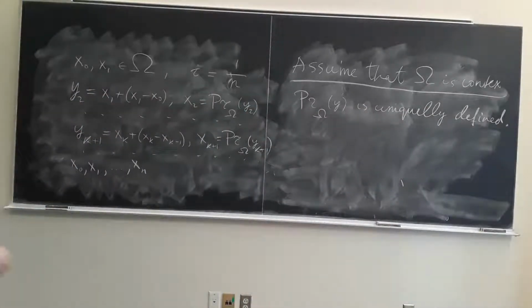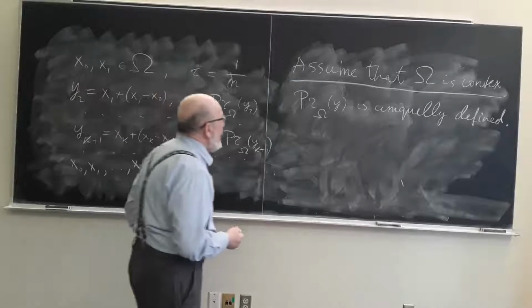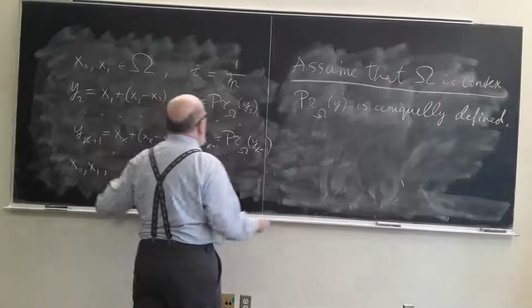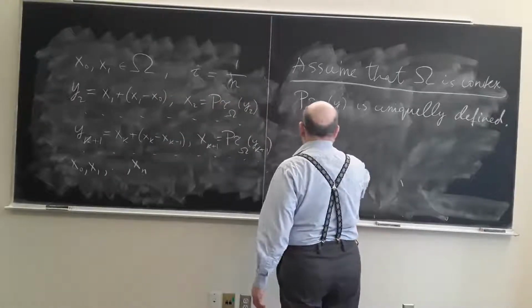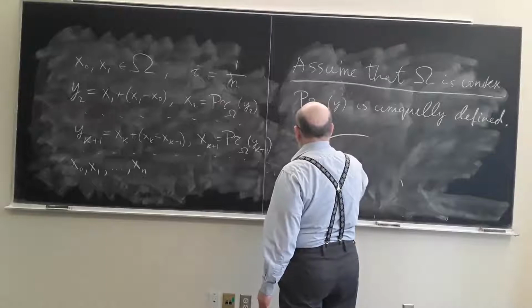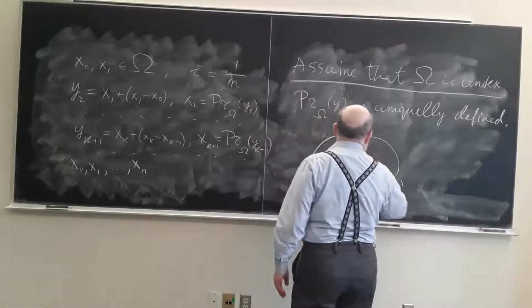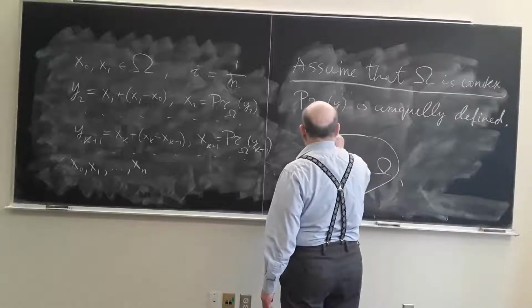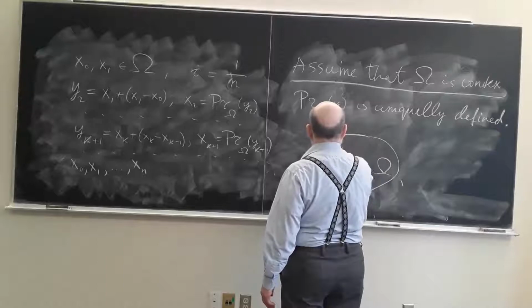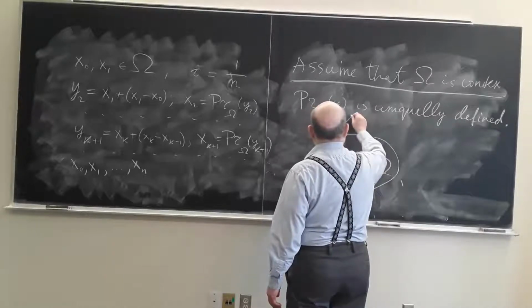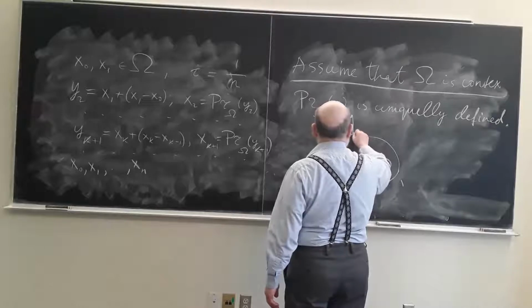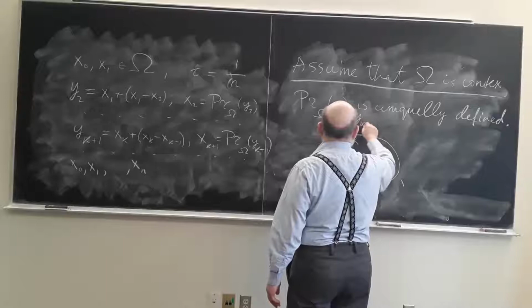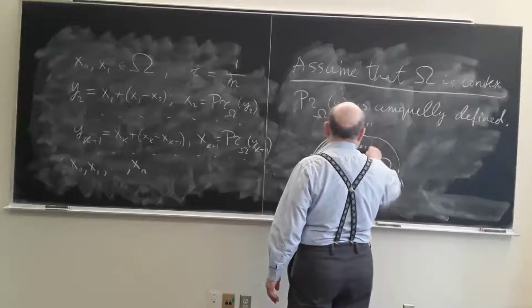Here is another fine thing before we move further. Let us consider one step of this construction. This is the point, this is omega, this is a point xk minus 1, this is xk, and now we continue it further. And this is the point yk plus 1, xk plus 1.